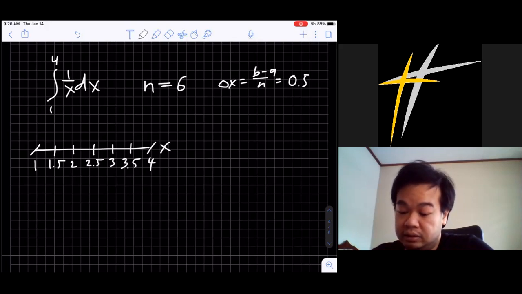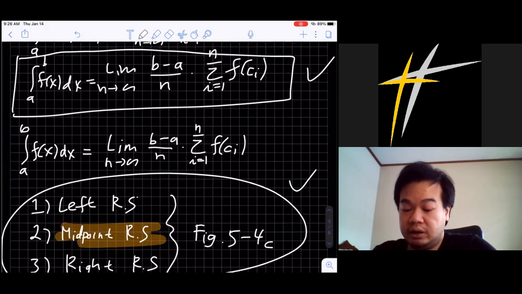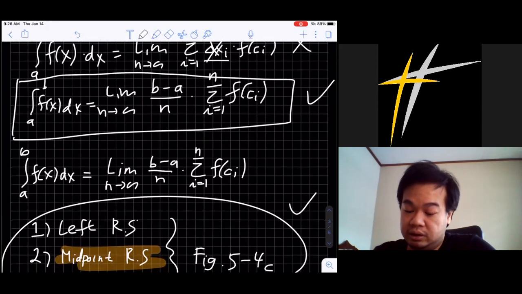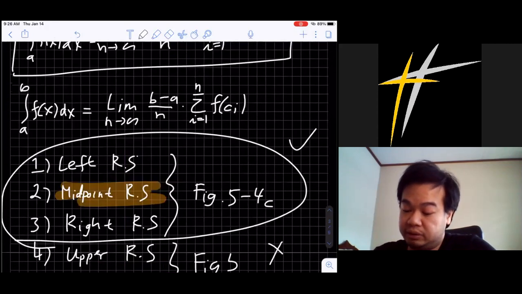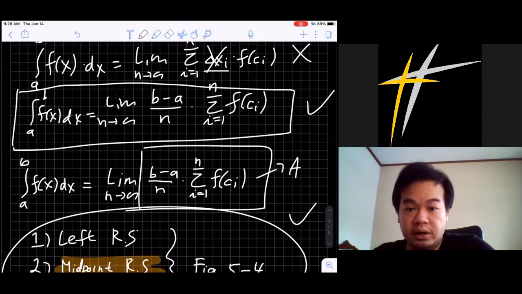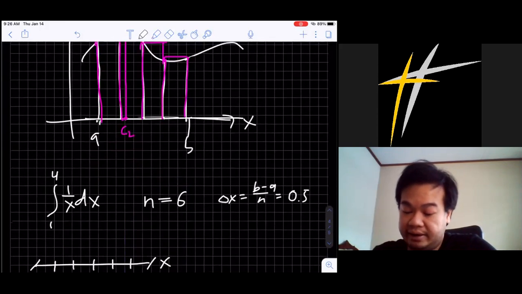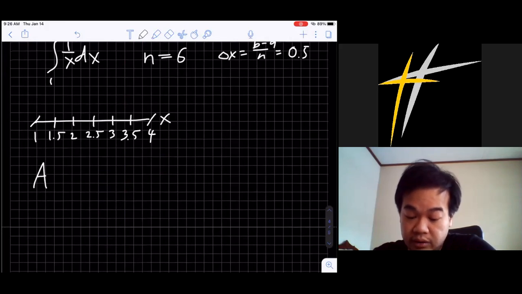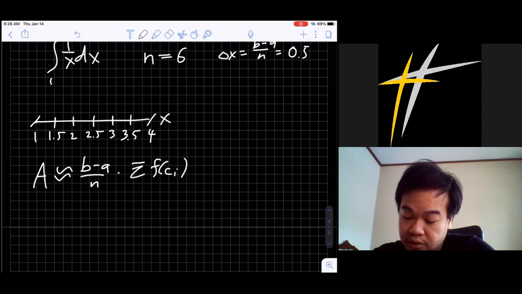Now, basically, if we take the definition, then the area is approximated by the sum of the areas of the rectangles. So the area is approximately (b minus a) over n times the sigma notation of f(ci), i equals 1 to n.